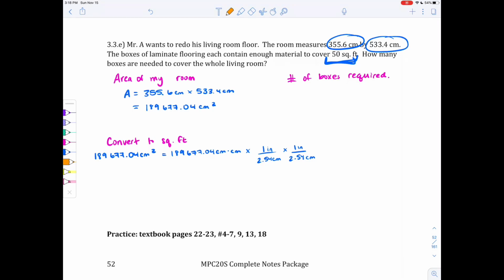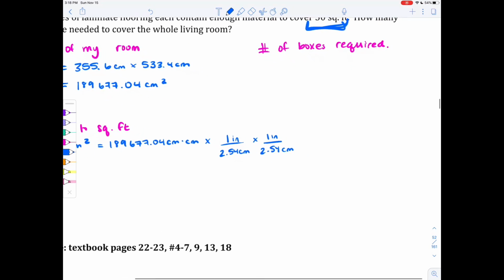I could very well go ahead and plug that in and get an answer of 29,400. However, what is also my personal preference is to do all of my conversions in one step. So notice here how I've gotten rid of the centimeters by ensuring that I have two versions of those, one at the top and one at the bottom. Well, I don't want to end up with inches squared, which I will end up with now.